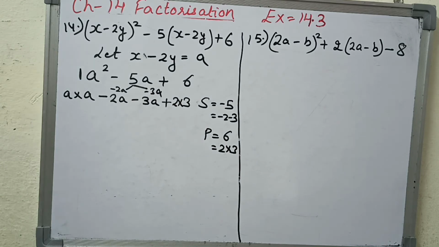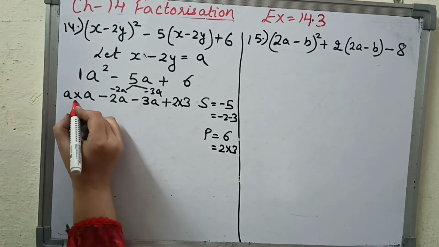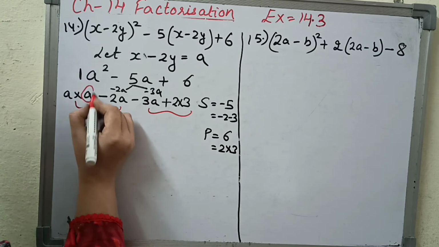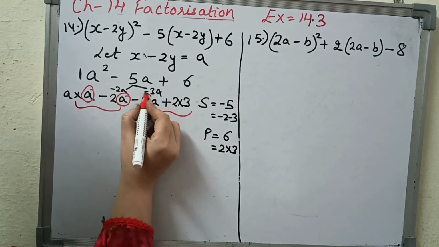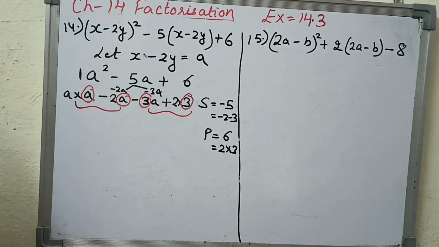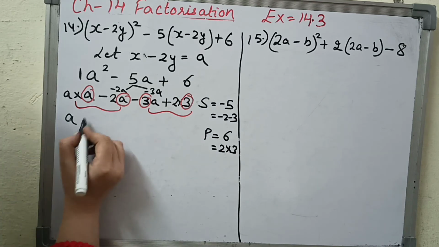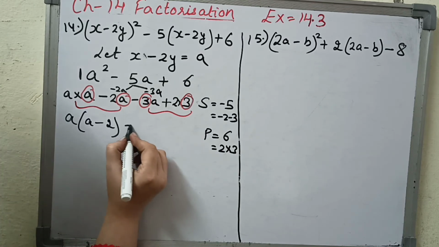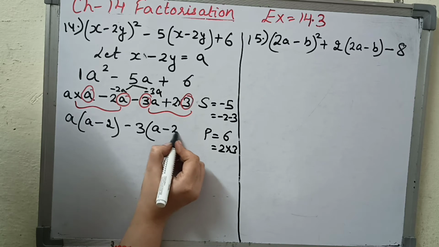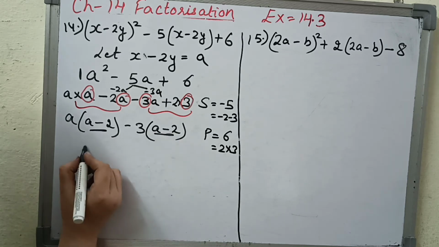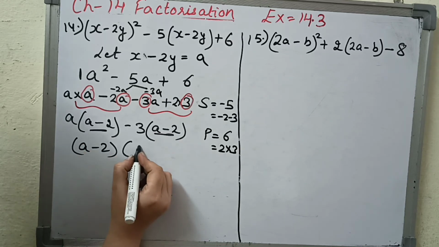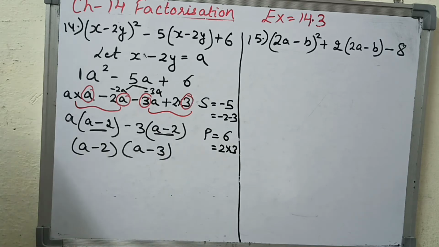Now take the common factor from the first two terms and then from the last two terms. From the first two terms a is common, and from the last two terms minus 3 is common. So I write down a minus 2, minus 3, a minus 2. Again a minus 2 is common. So a minus 2 and a minus 3 are the factors.